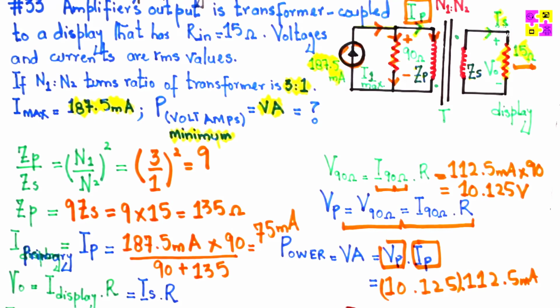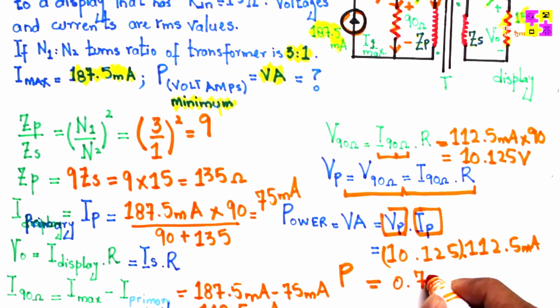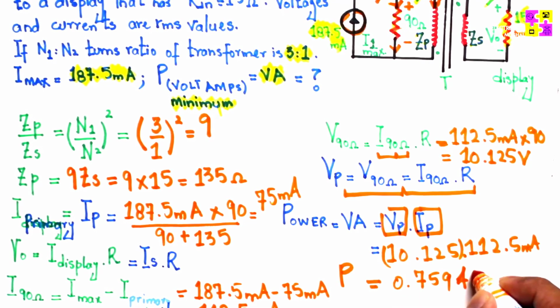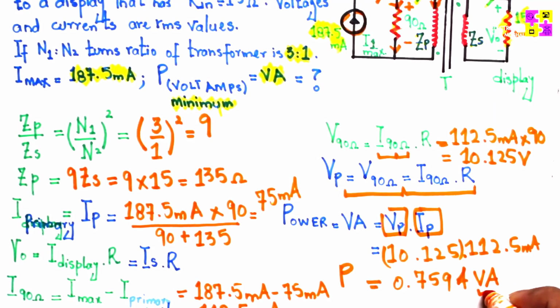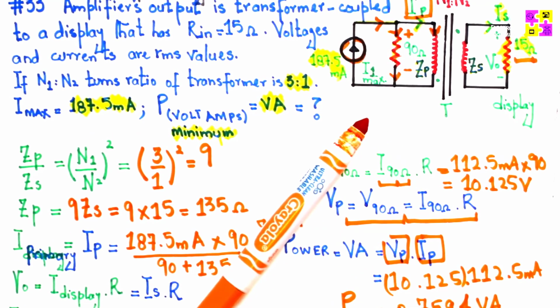If I do the math, I basically get power equals 0.7594 volt amp. This is important. These units are important. Volt amp. Pretty simple, right? This is a very common question to come in a PE or FE exam.